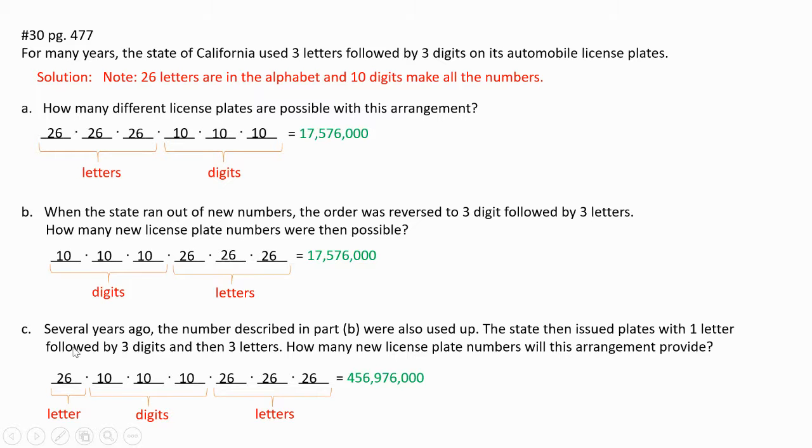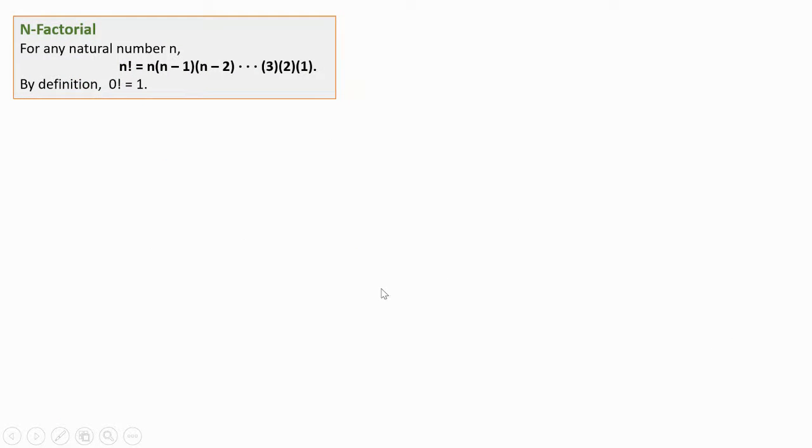You see, for example, from part B to part C, look how much more it went by adding only another space for 26 letters. It increased by over 400,000. So that's how they do it in real life.